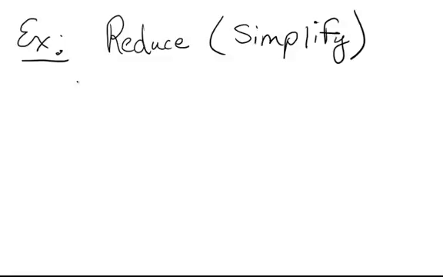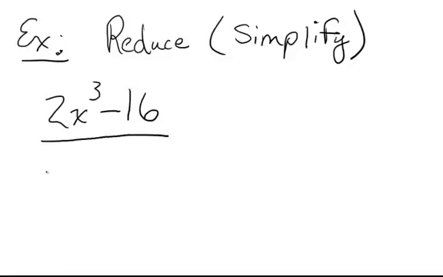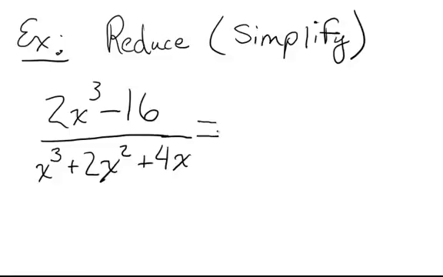Okay, let's reduce or simplify the rational expression 2x cubed minus 16, all divided by x to the third power plus 2x squared plus 4x. So just like with fractions, we want to reduce this down. That means we're going to have to reduce out any common factors. Well, at this point, both the numerator and the denominator are written in expanded form, and we can't identify their factors. So the first thing we better do, if we're going to reduce this, is factor it.